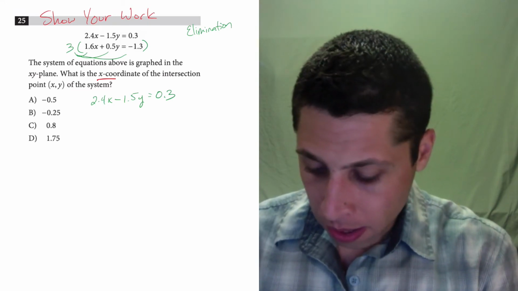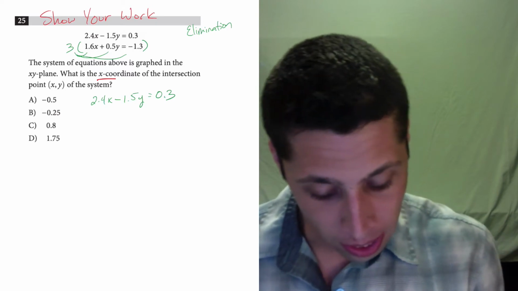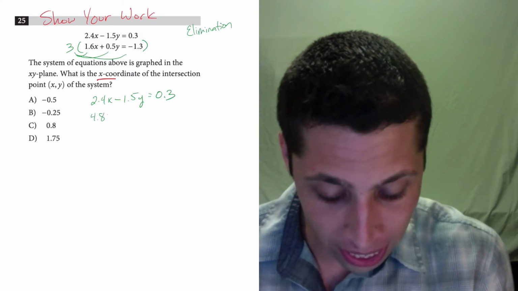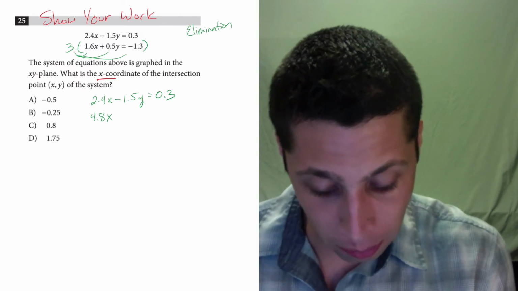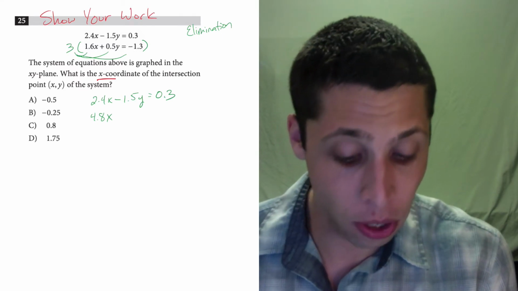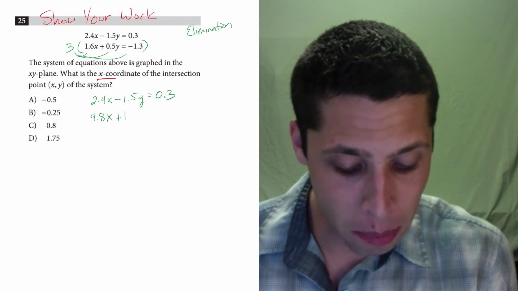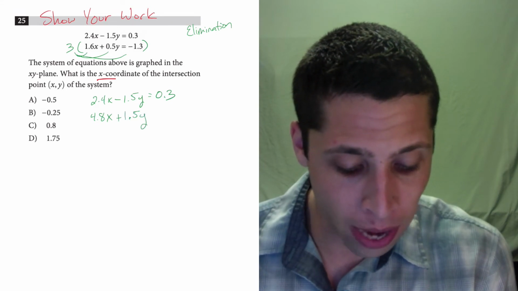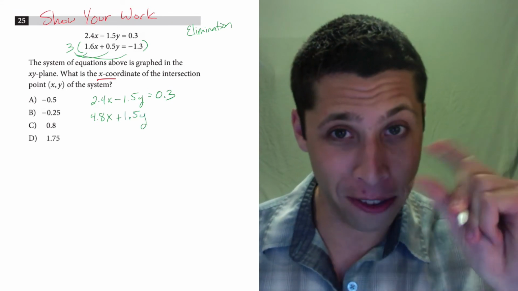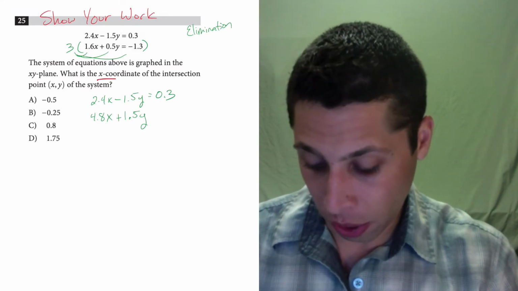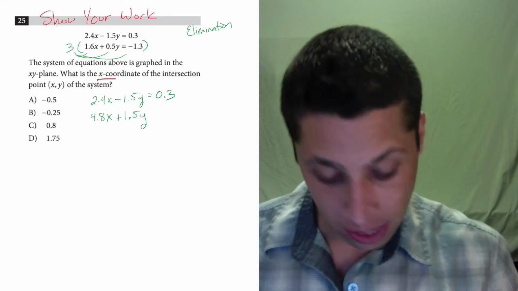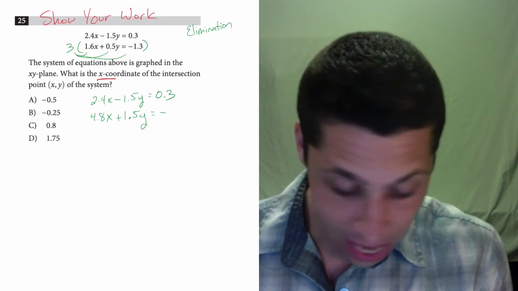So 3 times 1.6 is 4.8x. And we don't need to do this because we picked the number 3 on purpose, but 3 times 0.5 is plus 1.5y. So there's now the same number on the y's. And then negative 1.3 times 3 is going to be negative 3.9.